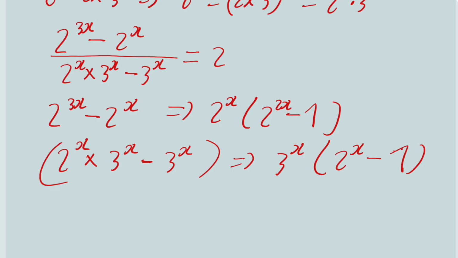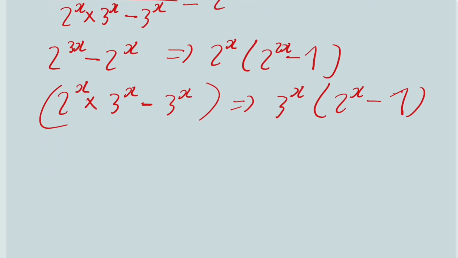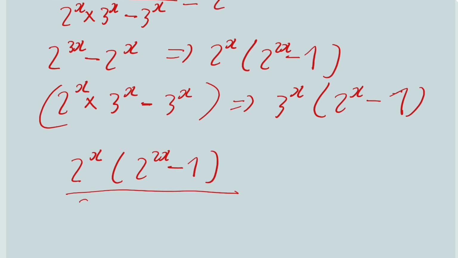So from here, our equation now is going to look like this: 2 to the power x in bracket 2 to the power 2x minus 1, divided by 3 to the power x in bracket 2 to the power x minus 1, is equal to 2.